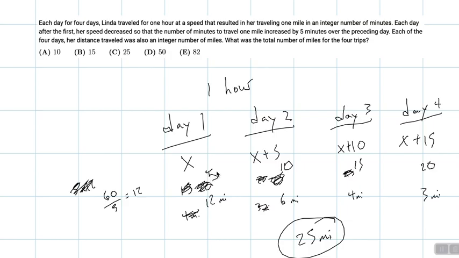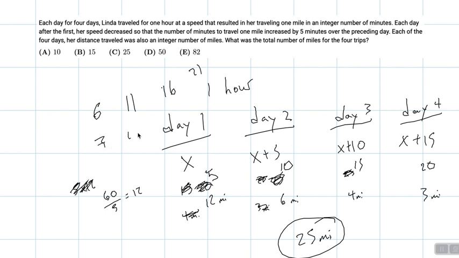Because if it's not a multiple of 5, like if this were 6, then the next one would be 11, and then 16, and then 21. The key thing is for all these numbers to go into 60. And we don't have that guarantee.